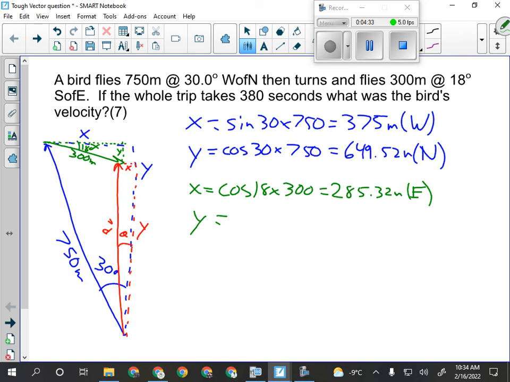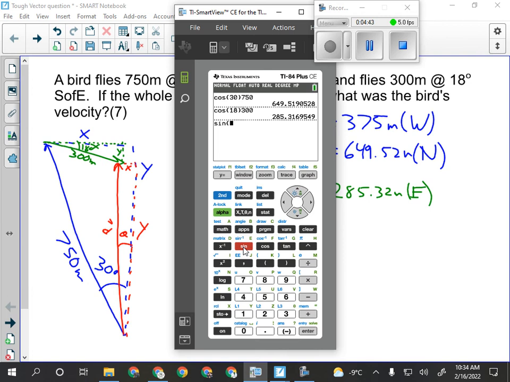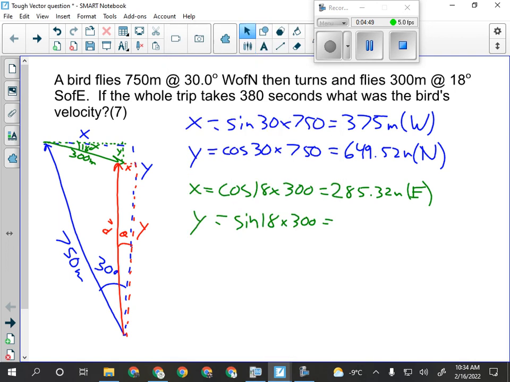Y is opposite my 18-degree angle, so I'll be using sine to get it. Sine of 18 times the hypotenuse, 300. All right, it's 92.71 meters, and that's south. Okay, now I have all my x's and all my y's.